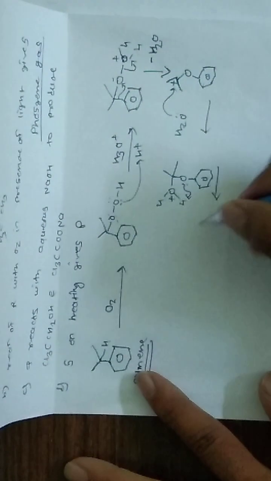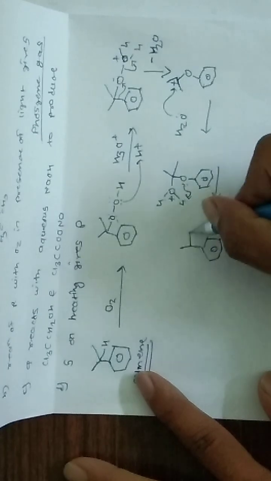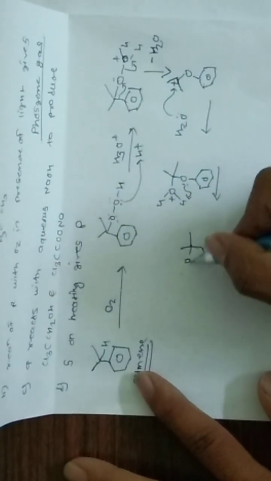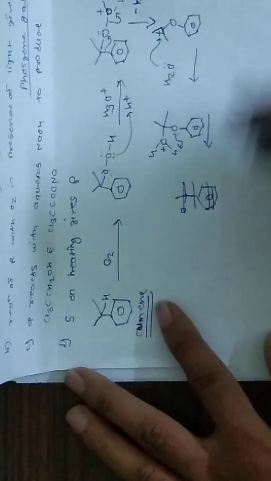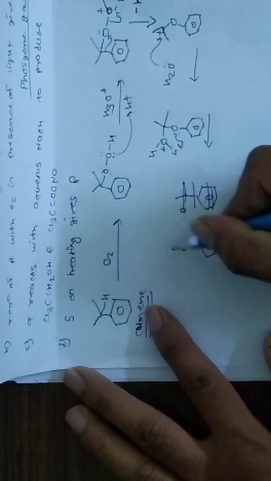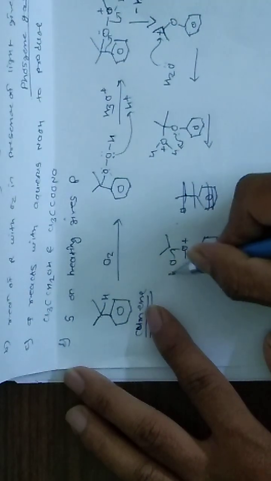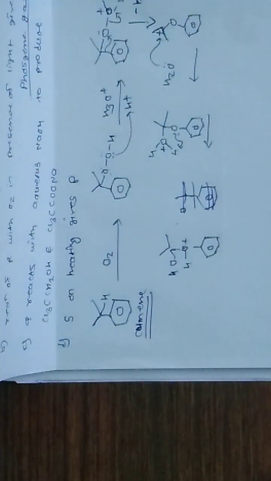So what will form? Here an alcohol hydroxy group is formed. Here O, here OH group and here H. Again positive charge on that other oxygen.